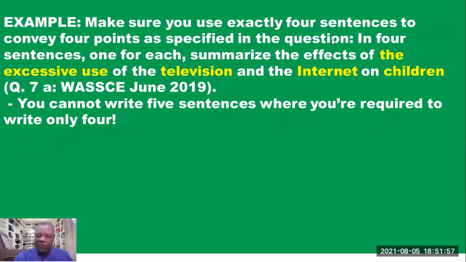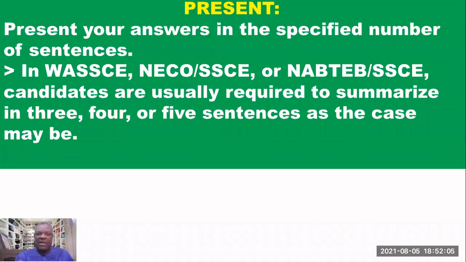Okay, let's see how this is done. For example, you need to make sure you present your answers in the specified number of sentences. This is really very important, especially in the West African Senior School Certificate Examination or NECO SSCE or NAPTEP SSCE.